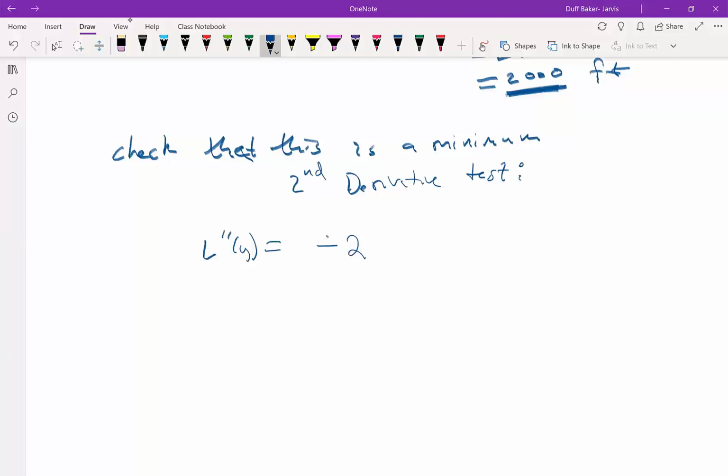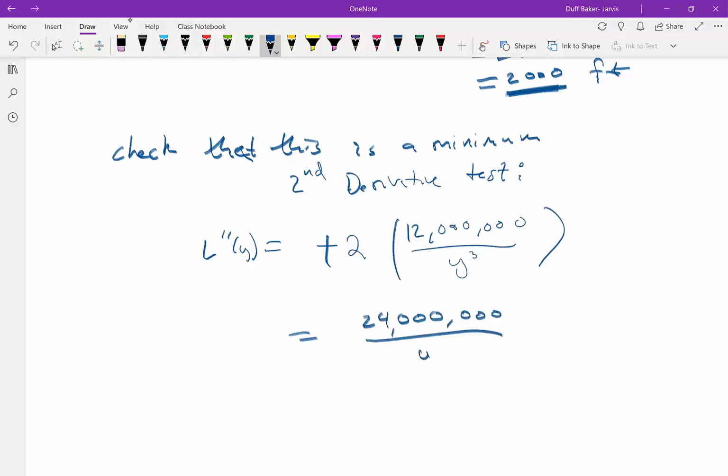And then you'll get an extra negative to make it plus, and then you'll get the 12 million over y cubed. So overall, you should end up with 24 million over y cubed.